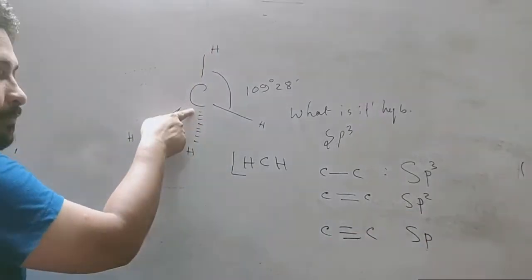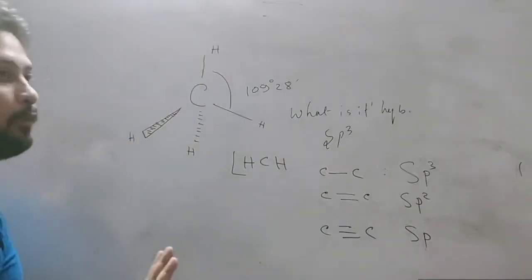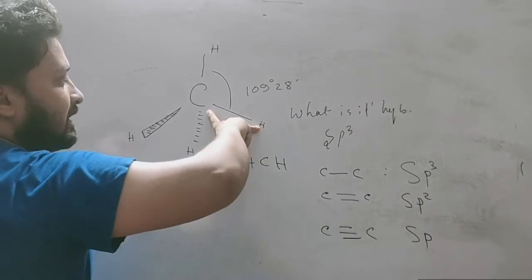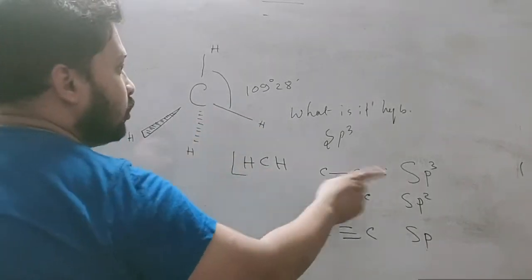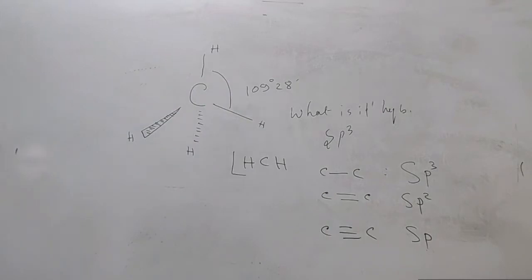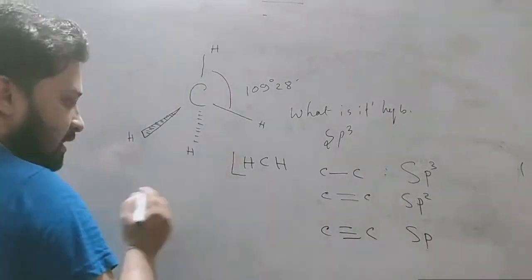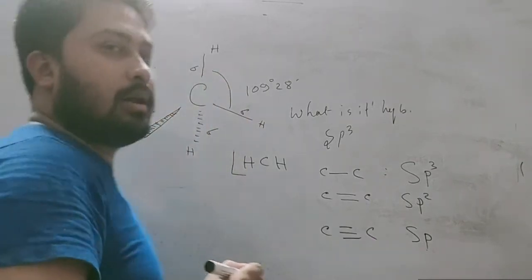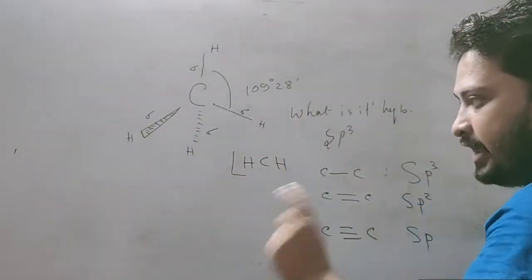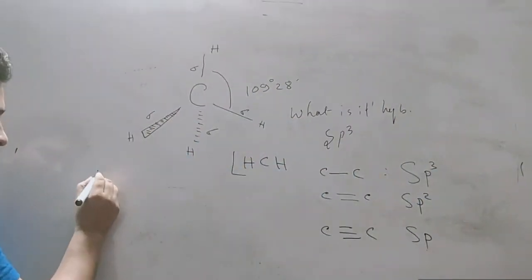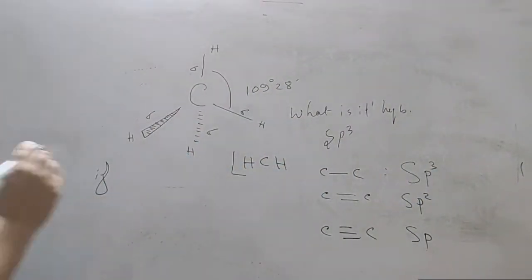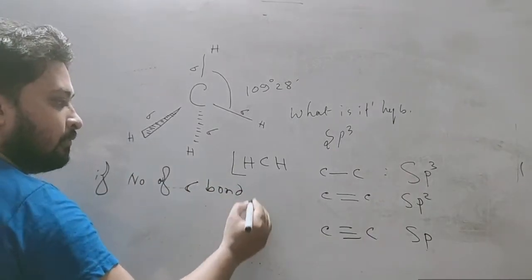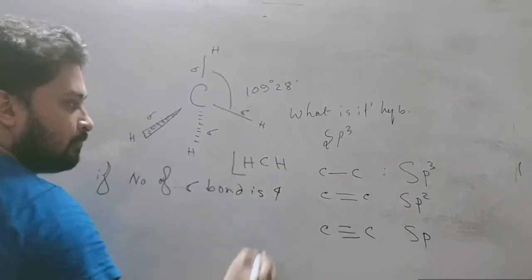Here the carbon has single bonds, and these bonds are between carbon and hydrogen. So this is a single bond, so this is sp3. This bond is called a sigma bond. Now, the number of sigma bonds in this compound is 4.